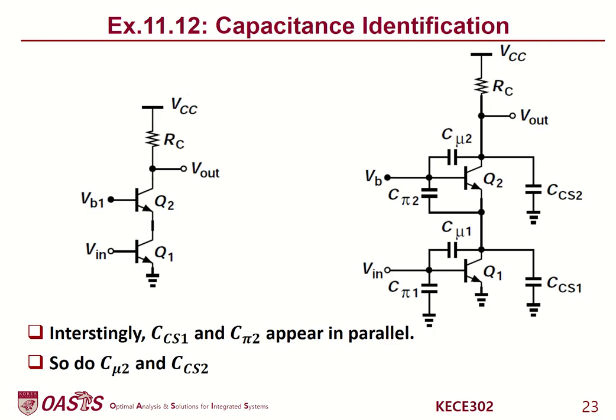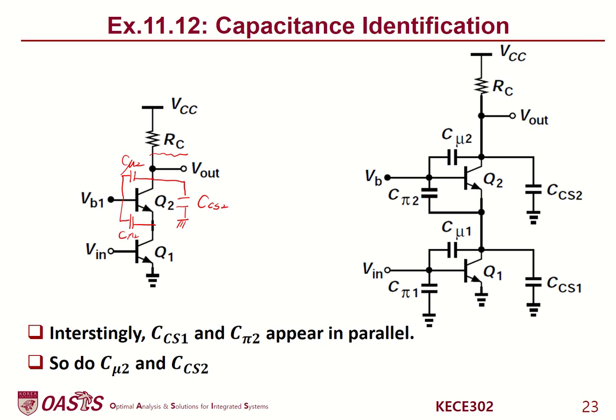This is an example with parasitics. So in this case, we have two BJTs connected in cascode, and the output is connected to RC. And in general, a BJT has three parasitic capacitors, which are C mu and C pi, and to ground C CS.